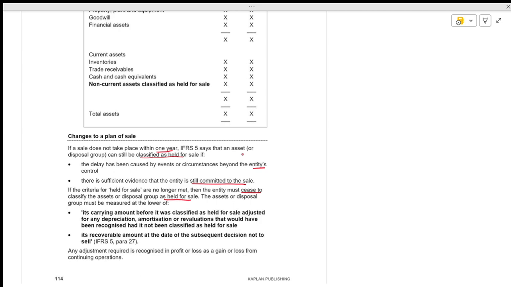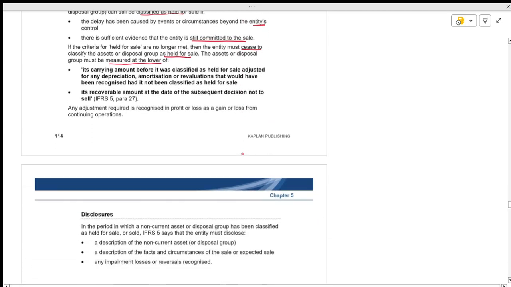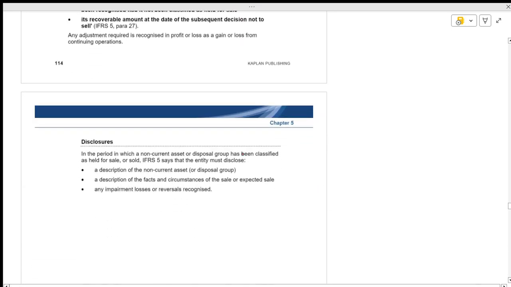The assets must be measured at the lower of the carrying amount and recoverable amount. Same thing with respect to disclosures: a description of non-current assets, the facts and circumstances of the sale or expected sale, and any impairment losses or reversals.